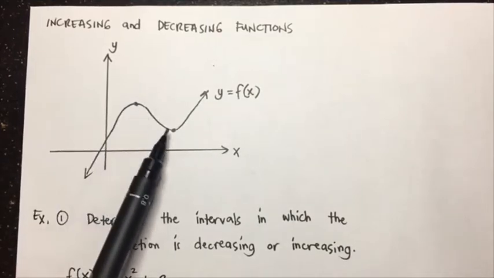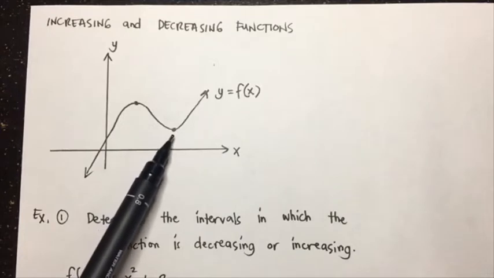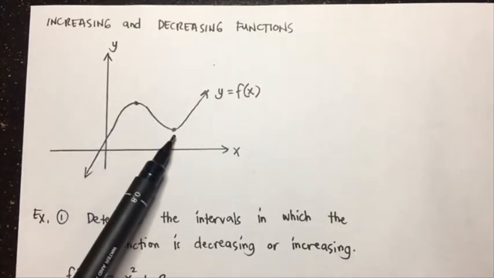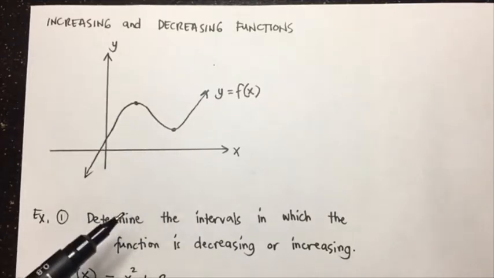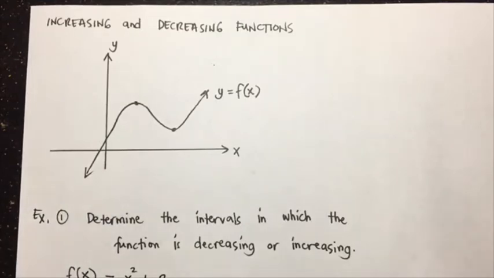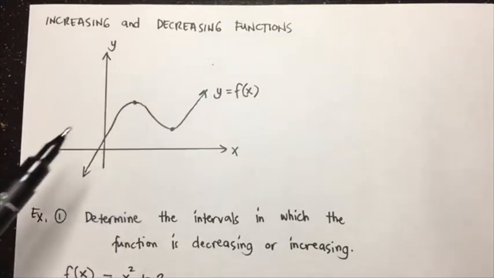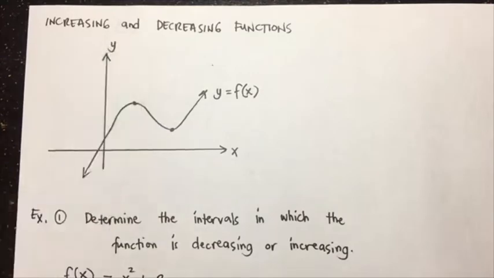It's important to find first the critical points, because those are the points where there is a change in the trend. So obviously, they will be the end limits of your intervals. In determining whether it is increasing or decreasing, we will simply use the first derivative test.